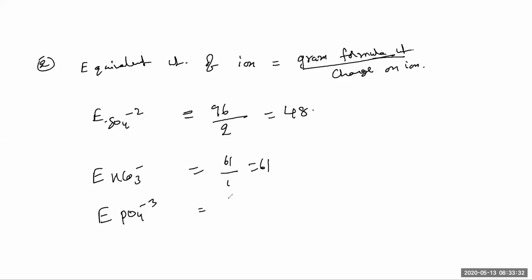What is the phosphate amount? Not 96, it is 95. 95 by 3, so 31.66.